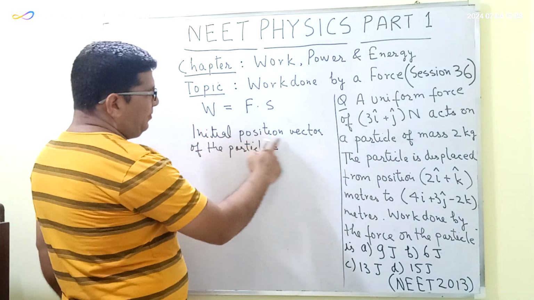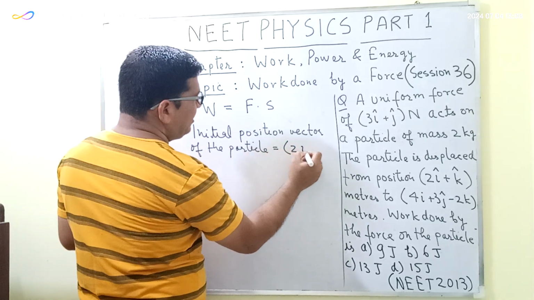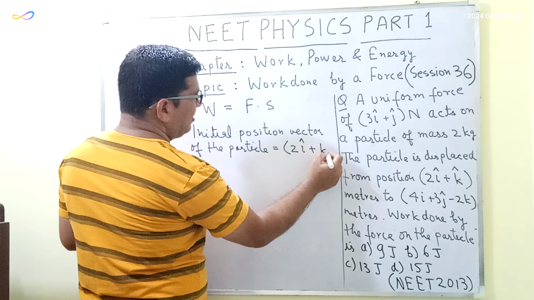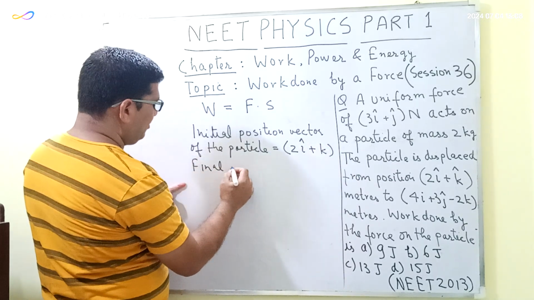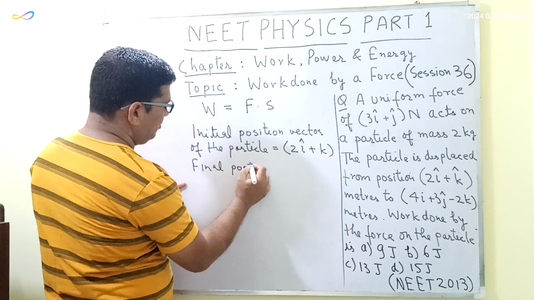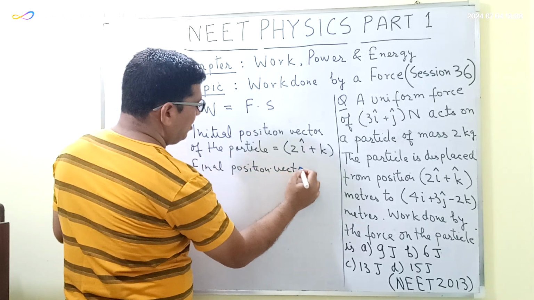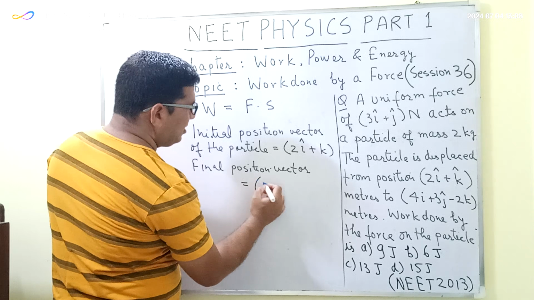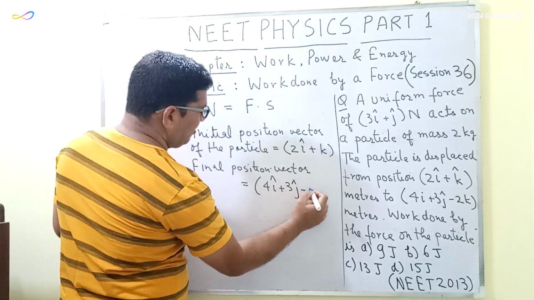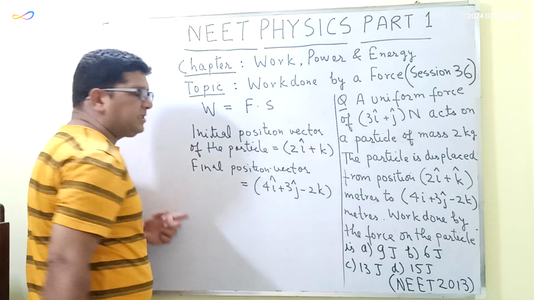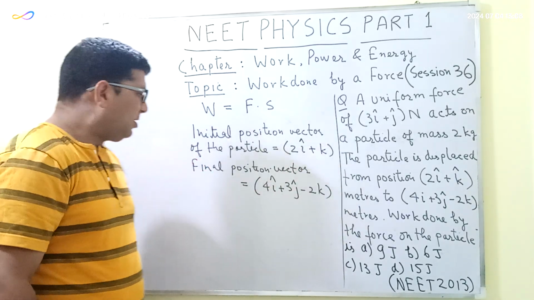So the initial position vector of the particle will be 2i plus k, and the final position vector is given by 4i plus 3j minus 2k.